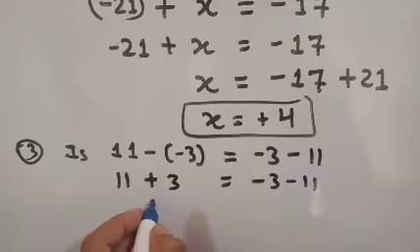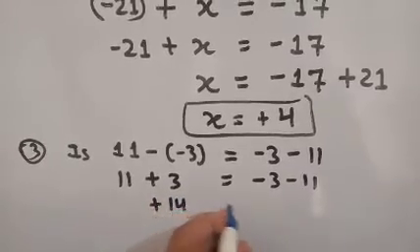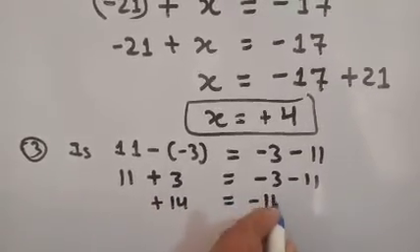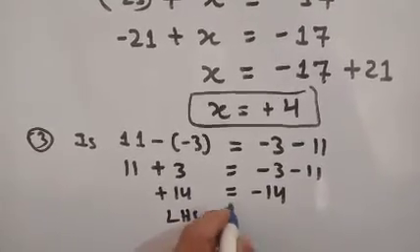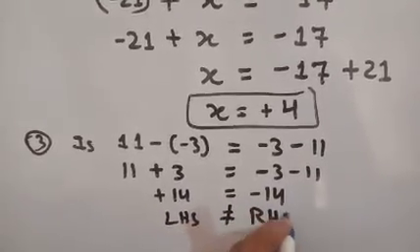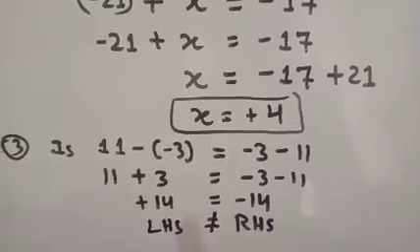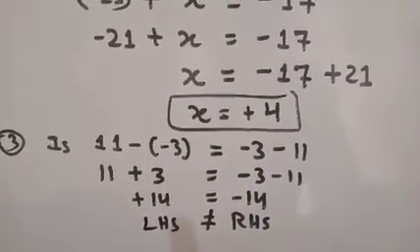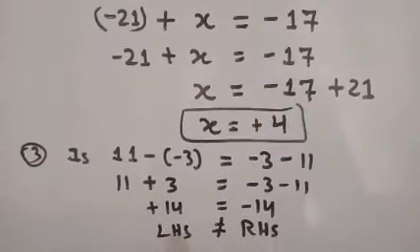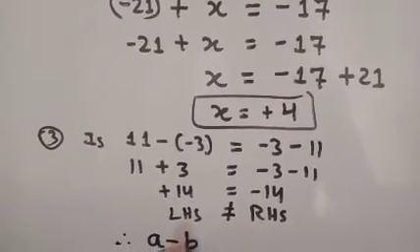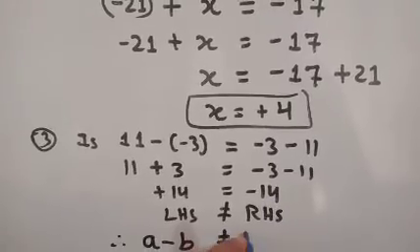So here is a positive 14 and here is the minus 14. So both sides are not equal. LHS is not equal to RHS. Hence commutative property does not hold under subtraction. Therefore a minus b is not equal to b minus a.